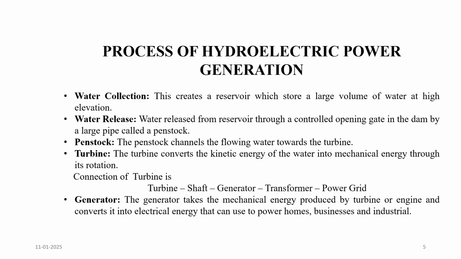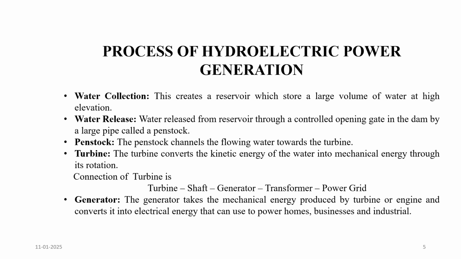Here we discuss the process of hydroelectric power generation. First thing is water collection. This creates a reservoir which stores a large volume of water at high elevation. And next is water release. Water is released from the reservoir through a controlled opening gate in the dam into a large pipe called a penstock.